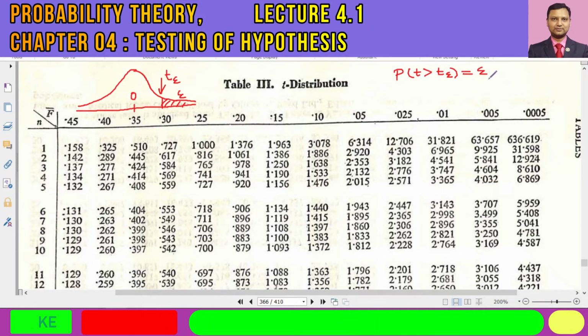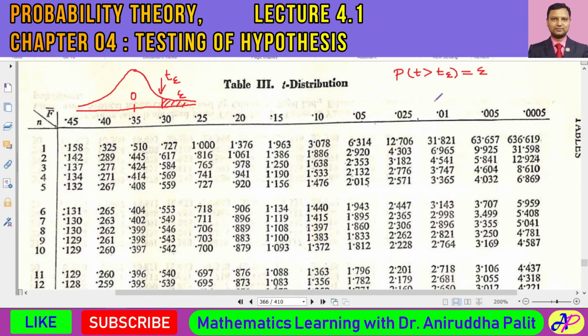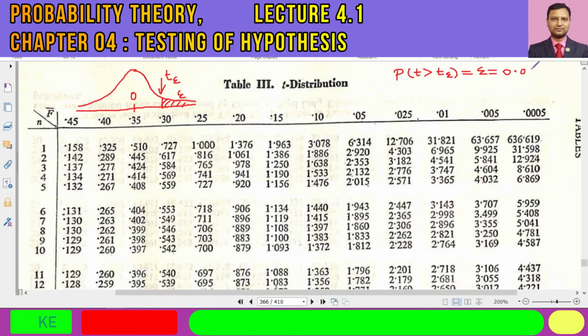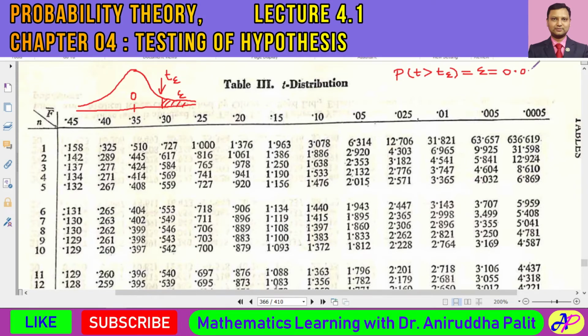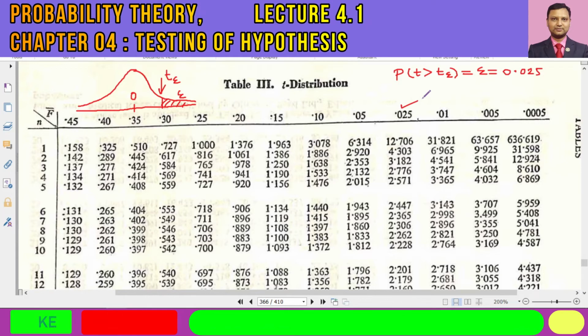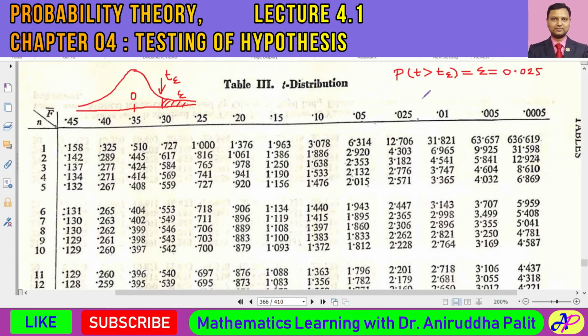Now, what would be its value? Suppose epsilon is equal to 0.025. In that case you shall have to identify this column first, 0.025.